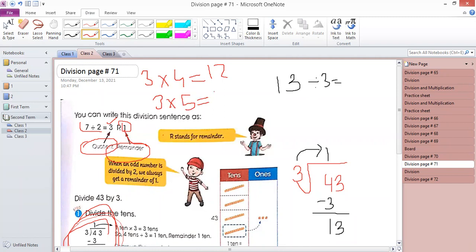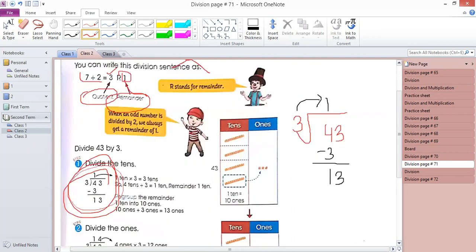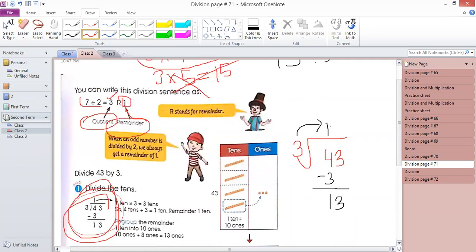So these are the numbers near to 13, but you cannot take a number more than 13. So you will go for the number less than 13, which is 12. 3 into what will give you 12? 4. That's why you will write here 4. 13 divided by 3 is equal to 4.